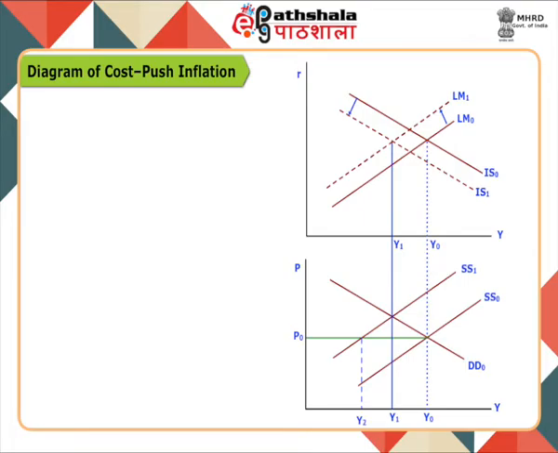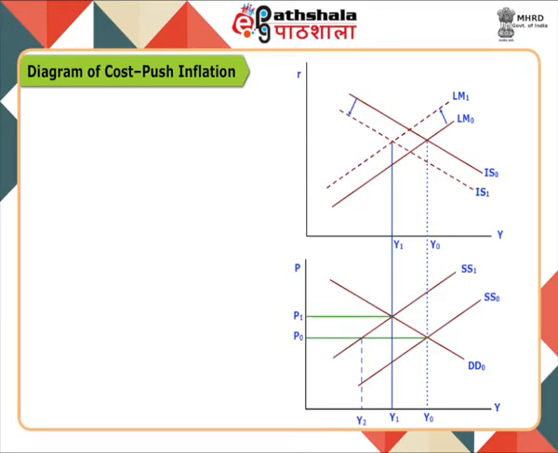In the lower panel of the diagram, the aggregate demand would decrease as a result of the increase in price level along with demand curve DD0. As price level increases, aggregate supply would increase along with supply curve SS1 and new equilibrium will establish at Y1 level of output with price level P1.